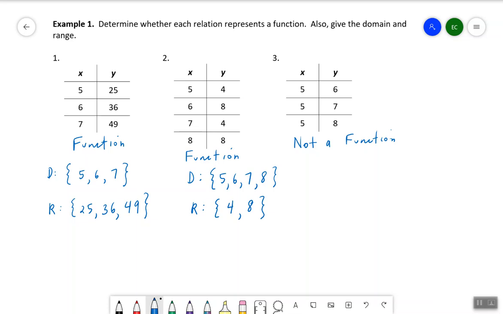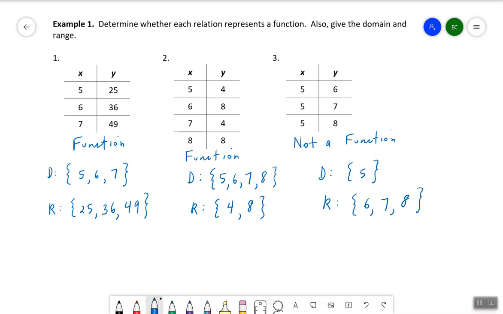We're not trying to say how many times the number 4 appears in the range, appears in the table. Just what are the numbers that appear as y values. Okay, so 4 and 8 for the range. And then for this last one, the domain is just the one value 5, and the range is 6, 7, and 8.